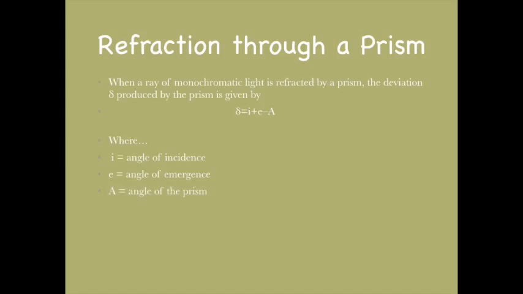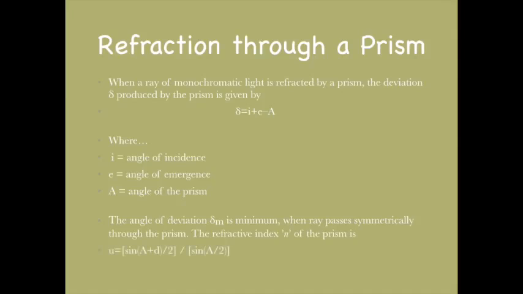So the angle of deviation Dm is minimum when a ray of light passes symmetrically through the prism. Then the refractive index n is given by the formula sine of (A plus D) by 2 divided by sine of A by 2. Please remember all these formulae. This will be very helpful.